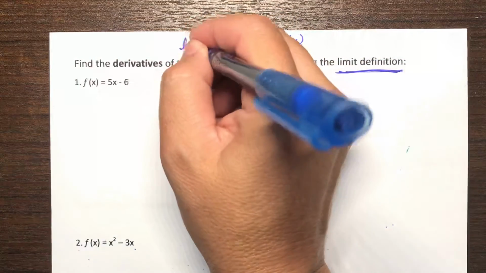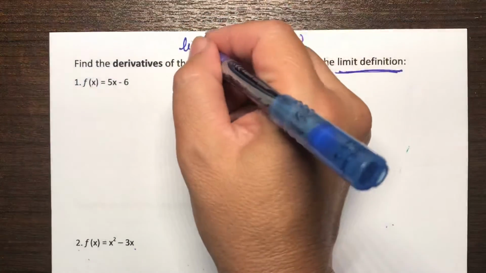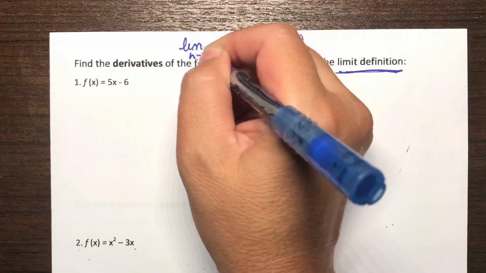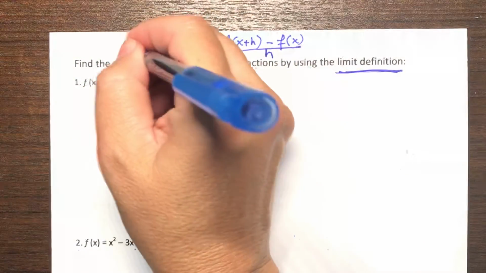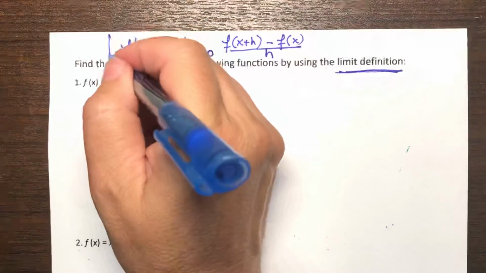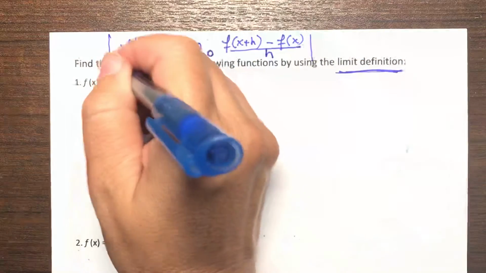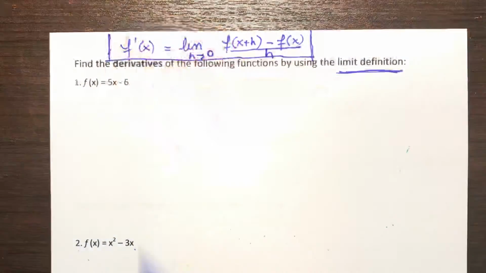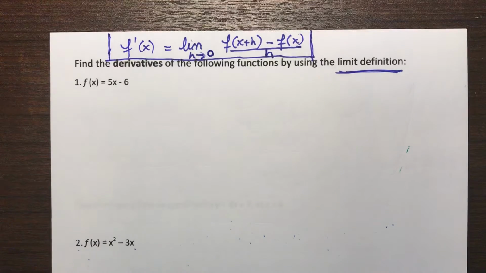If you want to find exactly the tangent line, we let this h distance get close to 0, right? So this, we said, is called the derivative of our function. So that's the limit definition, okay, which we had a few pages ago.